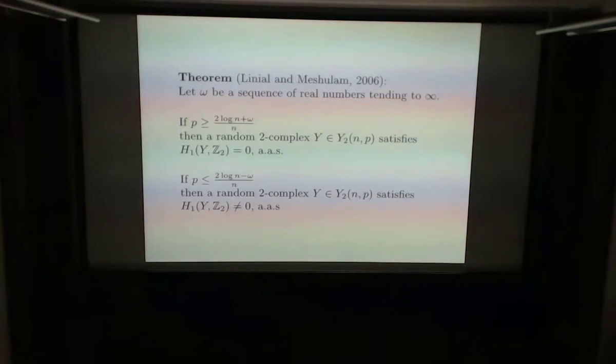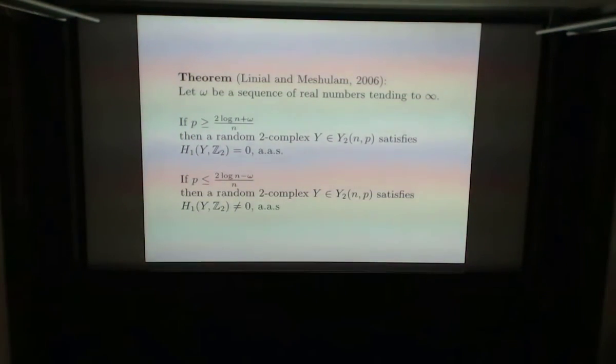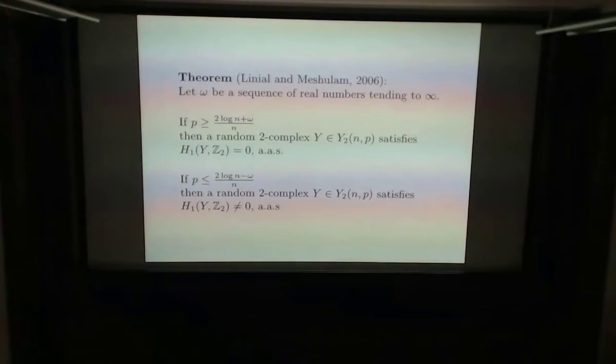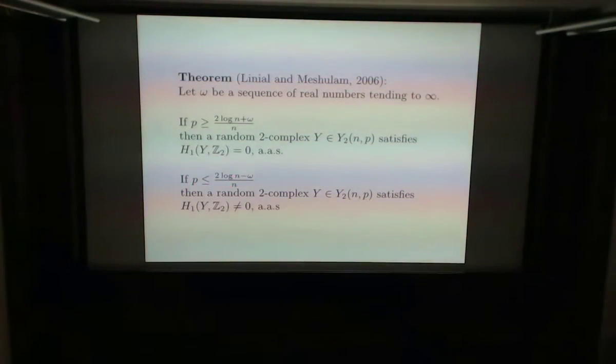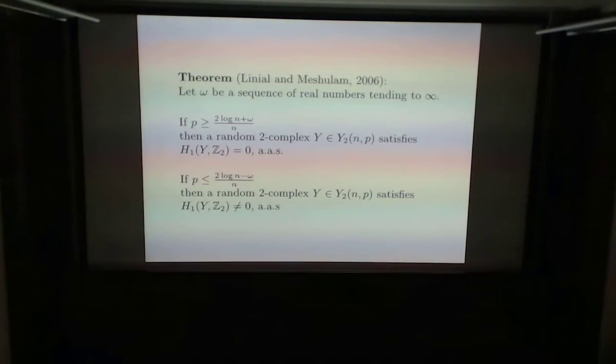Initially, the simplicial complex consisted of a complete graph, and then we add to this complete graph a certain number of triangles at random. So if p is smaller than this precise number, then we have a huge non-zero first homology group.